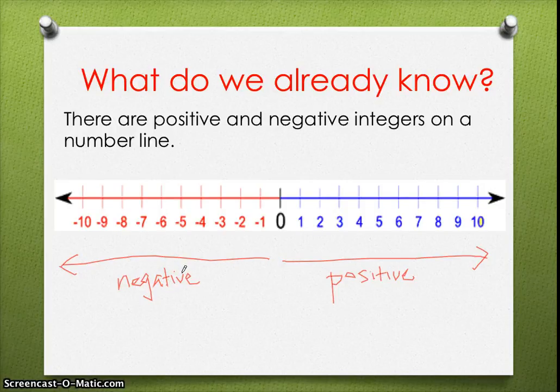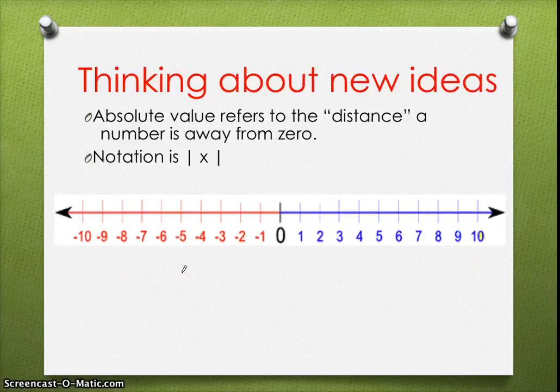So we want to think about this number line and the distance certain numbers are away from 0 to understand absolute value. Absolute value just refers to how far away a number is from 0, or the distance away from 0.